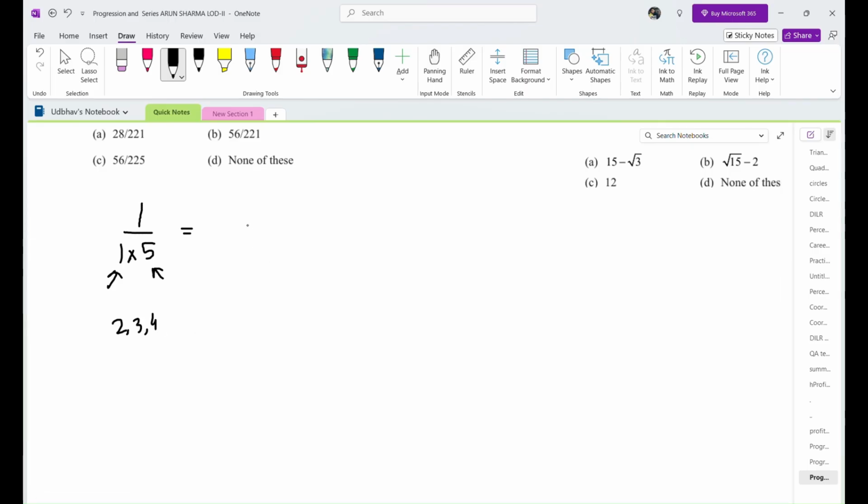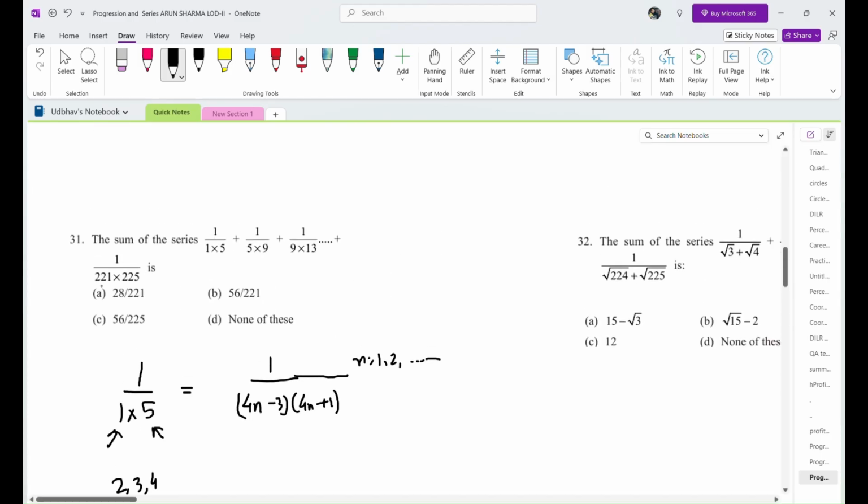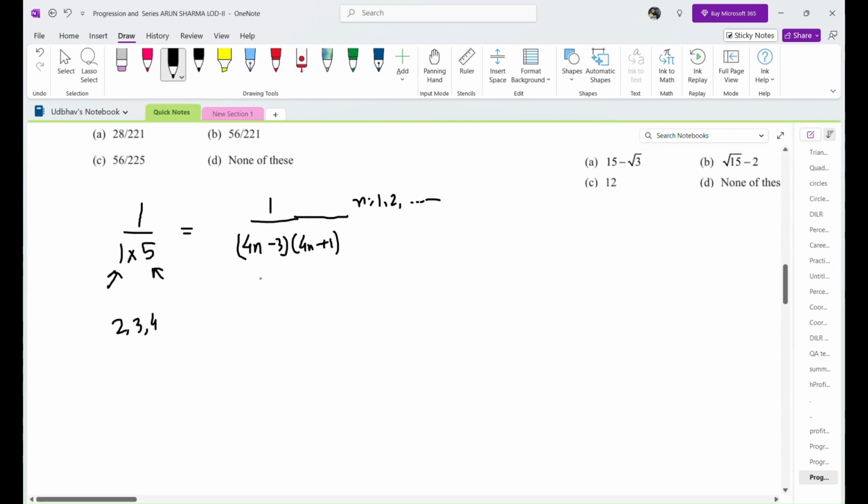So if we write it as 1 upon 4n minus 3 into 4n plus 1, what will be n? n will start from 1, 2 up till here. We don't know what this last term is, but it will go till here.